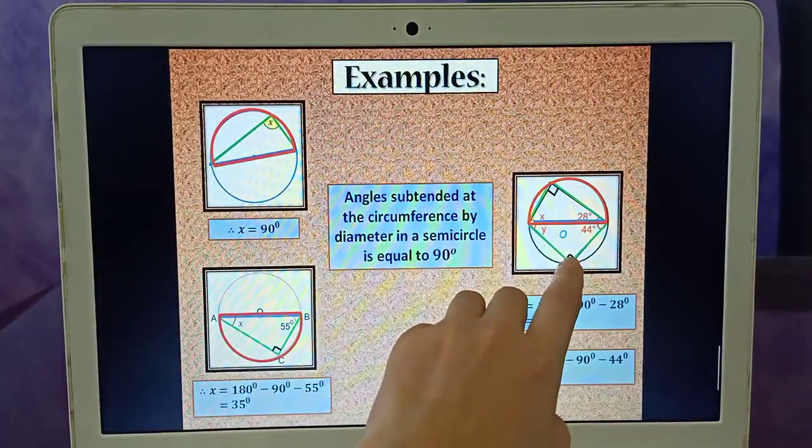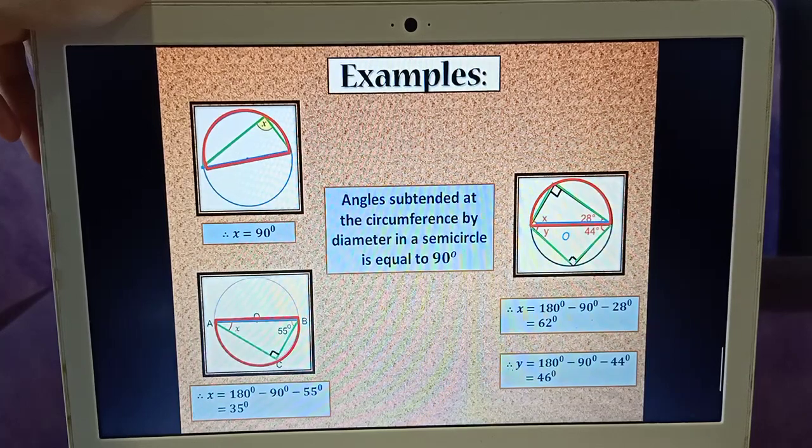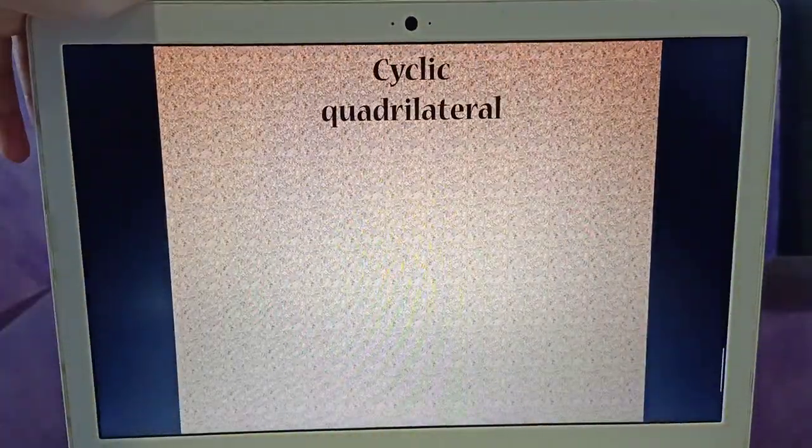So it is 90 degrees. So y is equal to 180 minus 90 minus 44, and the final answer will be 46 degrees. Okay, that's all.